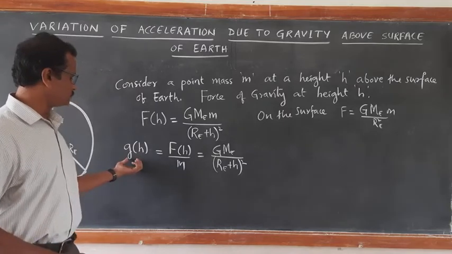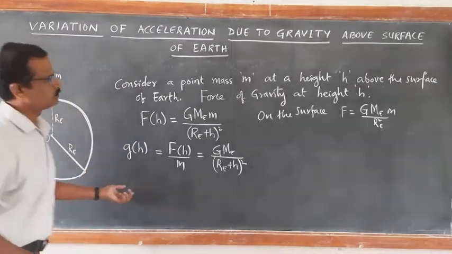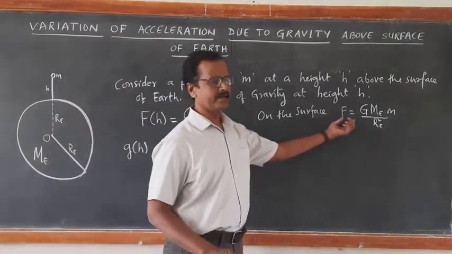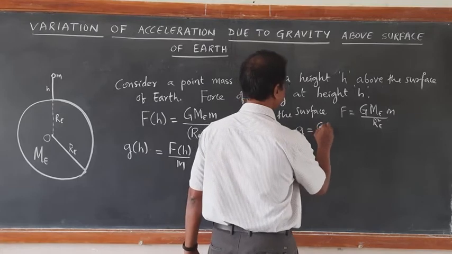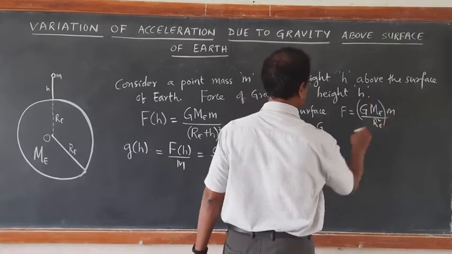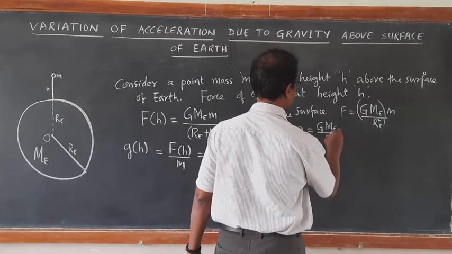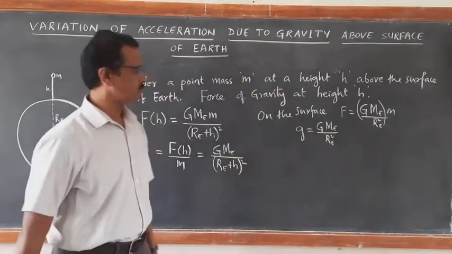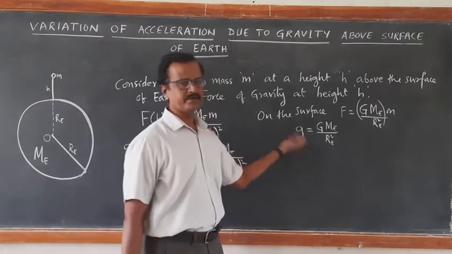Now, we want to relate this acceleration due to gravity at height h with the acceleration due to gravity on the surface of the earth. On the surface of the earth, we got this equation g equals G Me upon Re square, which we got using Newton's second law. Gh in comparison with g, we want to find out.